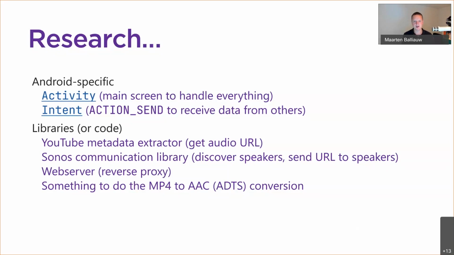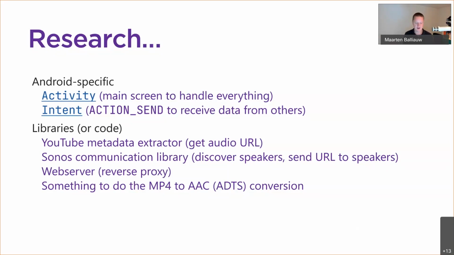Next thing I did was start searching for libraries or code that could do all of the major steps that I started thinking of. I found something that could extract YouTube metadata, including those signed URLs. I found a library that could communicate with those Sonos speakers over the network and send the URL to the speakers, change the volume, things like that. So good.